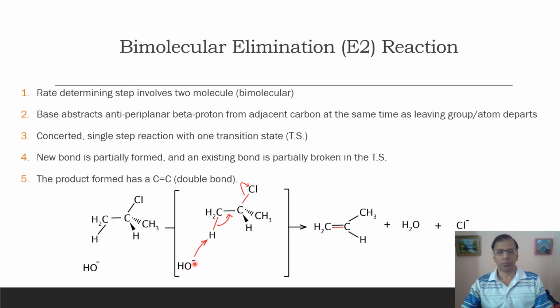The OH group is going to abstract the proton and the electrons will flow. This is arrow pushing, so the flow of electrons is always from electron rich to electron poor, and then this will leave. The chloride is going to leave. That's a leaving group, and an alkene is formed.